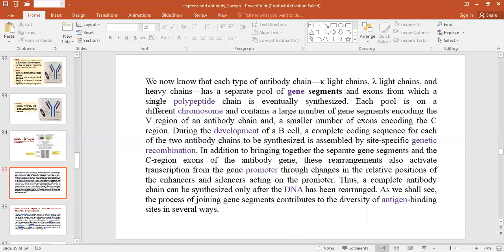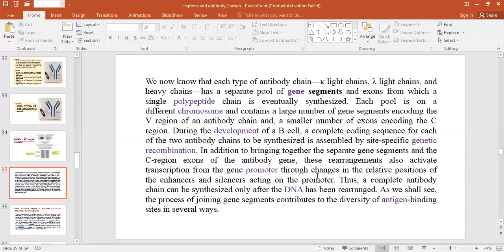So we know that each type of antibody chain, the kappa and lambda light chains and the heavy chains, has a separate pool of gene segments and exons from which a single polypeptide chain is eventually synthesized. Each pool is on a different chromosome and contains a larger number of gene segments encoding the variable region of an antibody chain and a smaller number of exons encoding the constant region. During the development of B lymphocytes, a complete coding sequence for each of the two antibody chains to be synthesized is assembled by site-specific recombination.